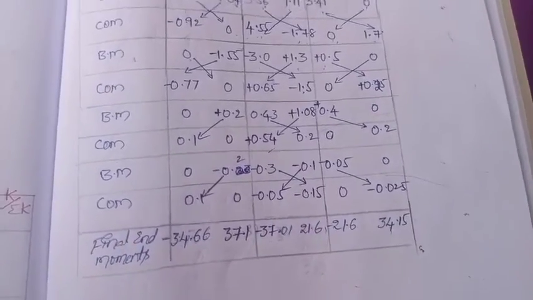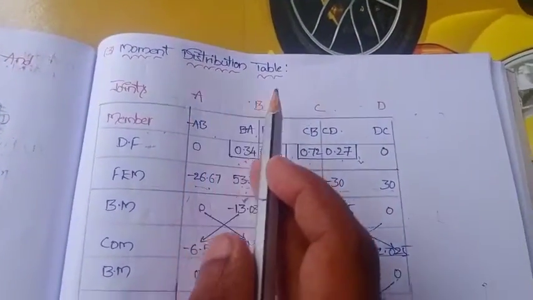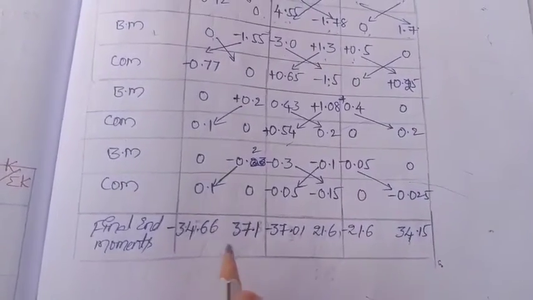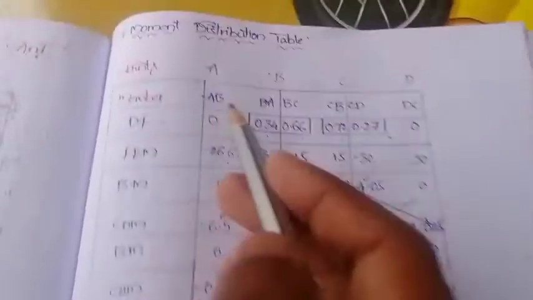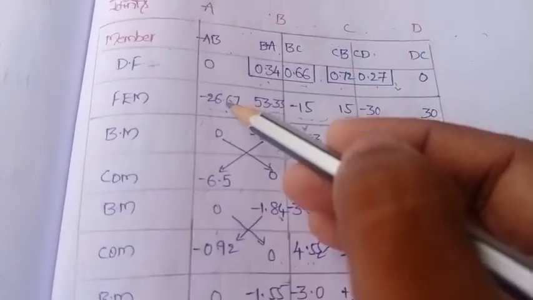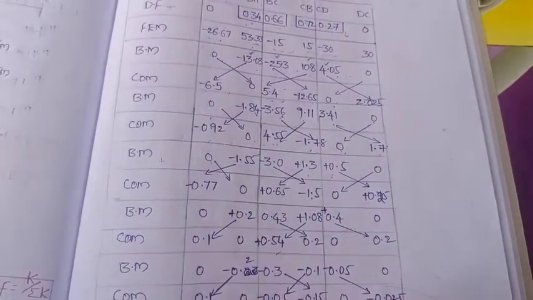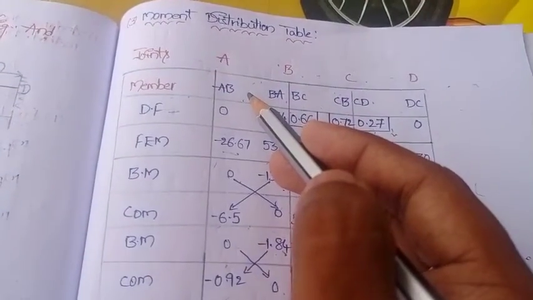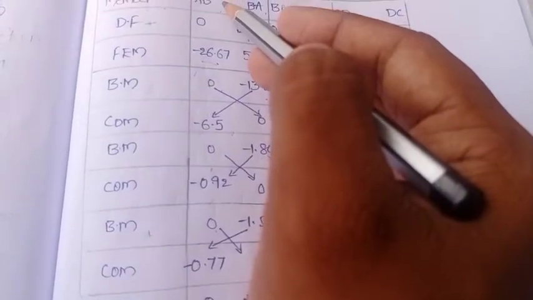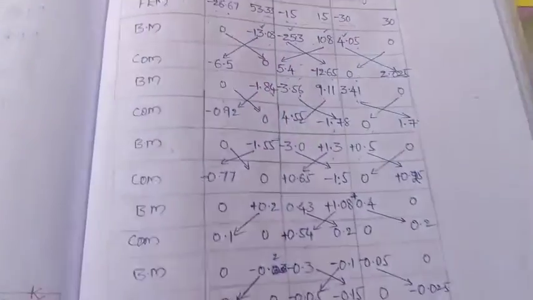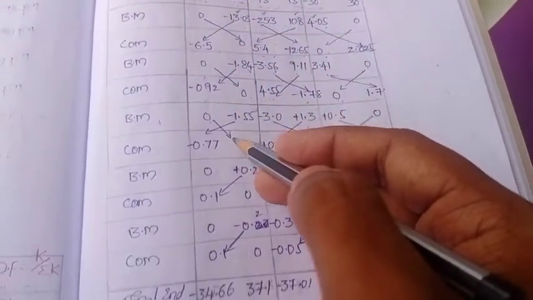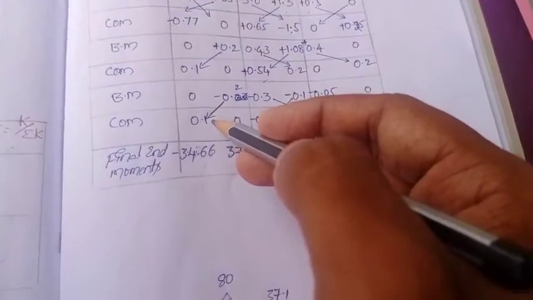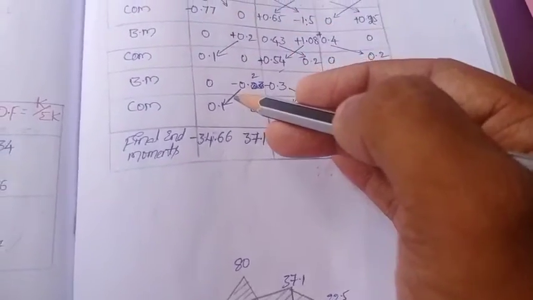And again, by the moment distribution table we will get the final end moments. To find out the final end moment for AB span, it is the summation of all moments under AB.